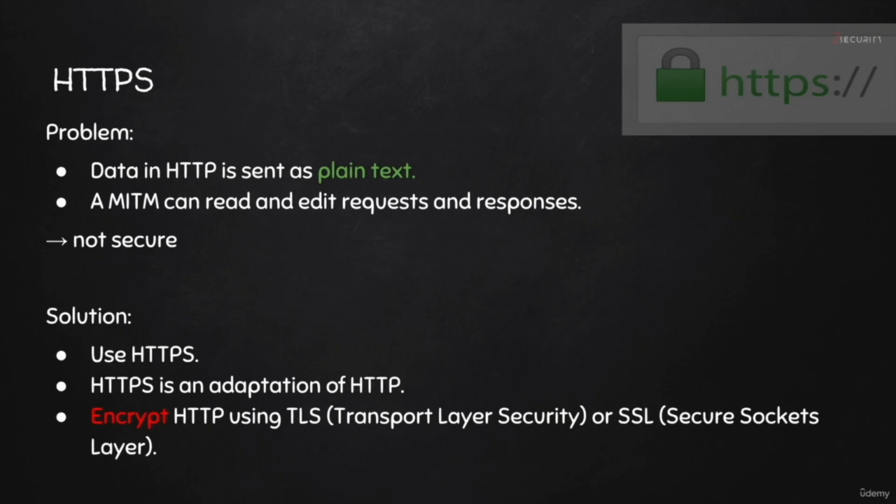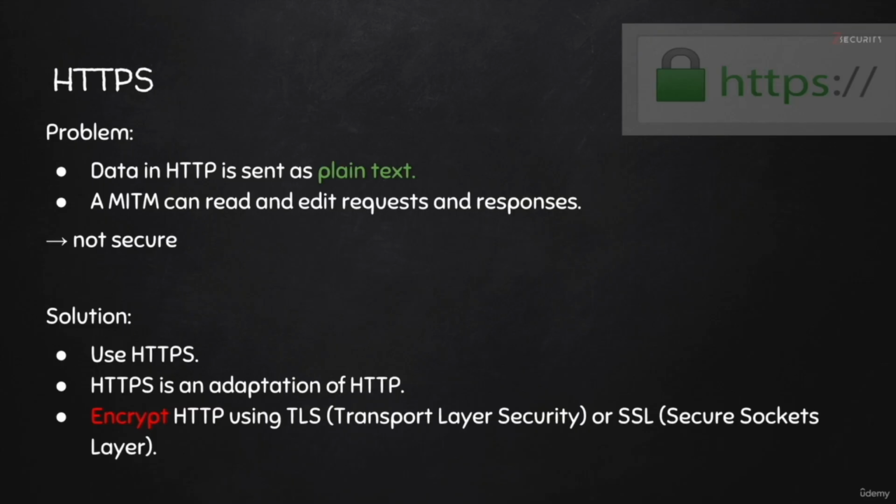The reason why, like I said, is because it's a more secure version of HTTP, and basically the way it works is it adds an extra layer over HTTP, which is where the S comes from. So it's a secure HTTP protocol, and this extra layer will encrypt the plain text data that HTTP sends.